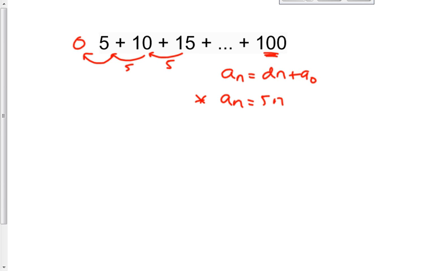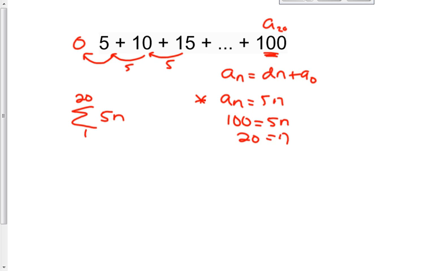Now I need to know which term has the answer of 100. I will go backwards. 100 equals 5 times n, so n equals 20. So this is a sub 20. I can now write my summation notation. I will add from the first to the 20th term according to the explicit formula a sub n equals 5n.